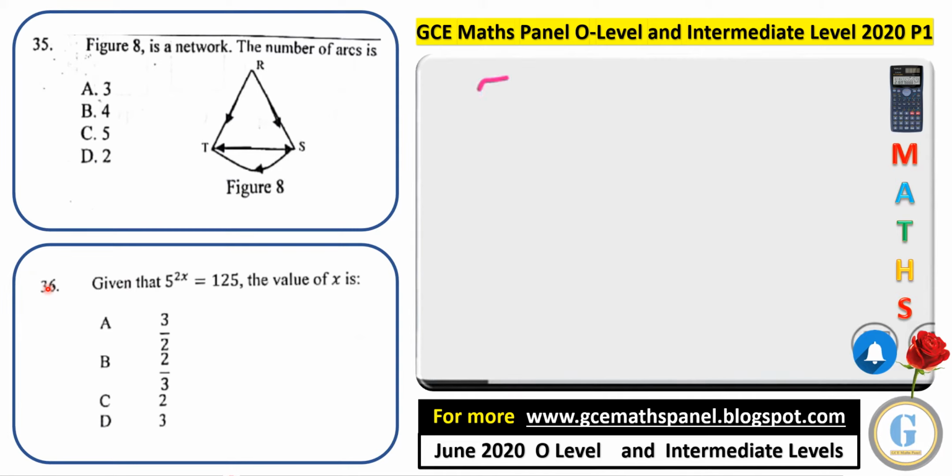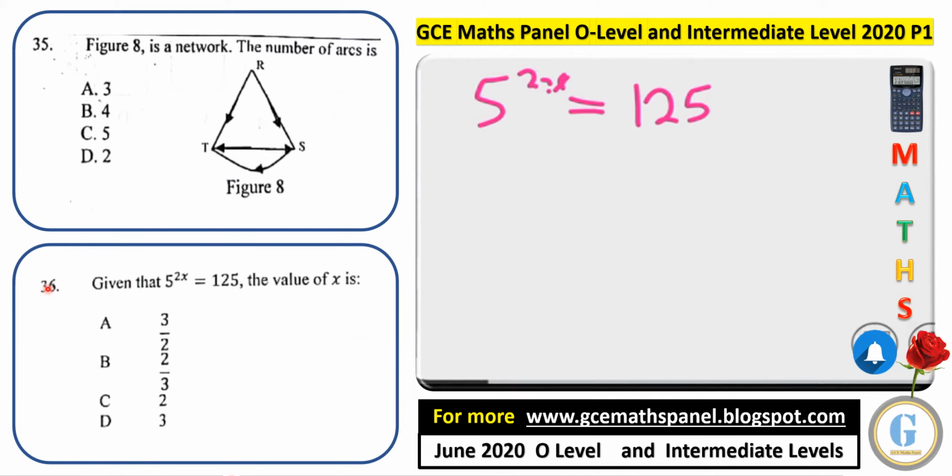So we have 5 to the power 2x equal to 125. Here, to solve for x, we have to make the bases the same since the unknown exists as a power.